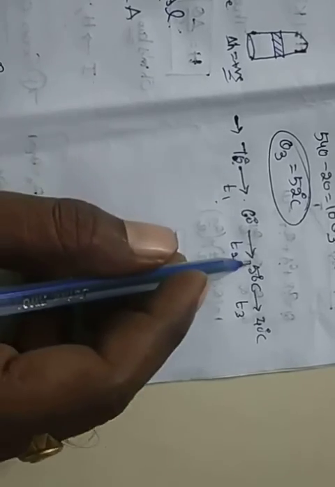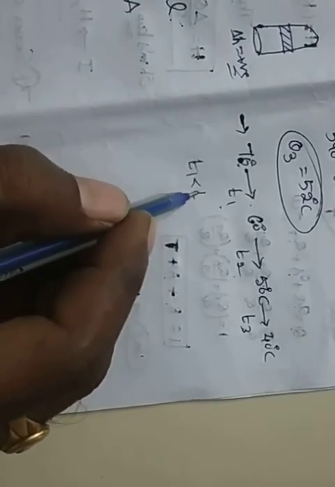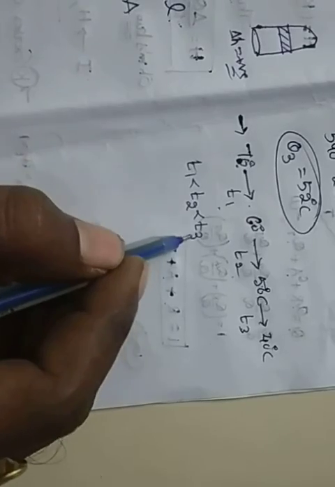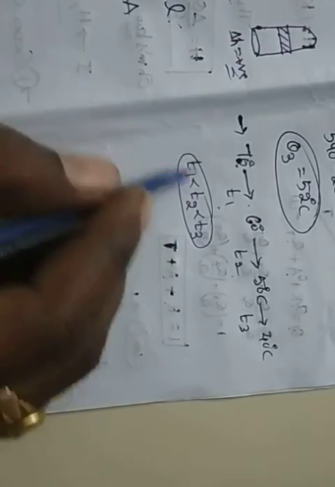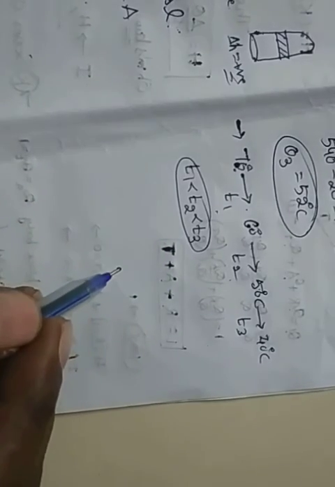As the temperature goes on decreasing, the time should increase. T1 is less than T2, less than T3. Okay, the relation between the times is like that.